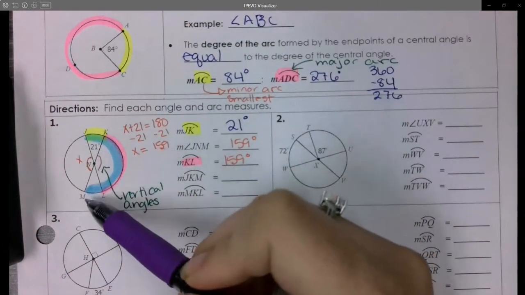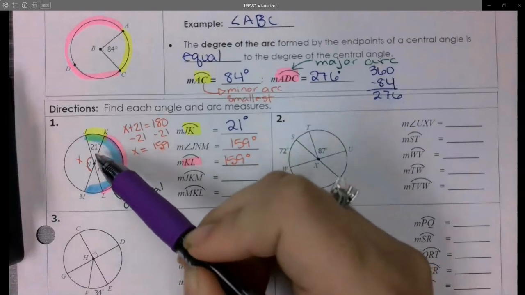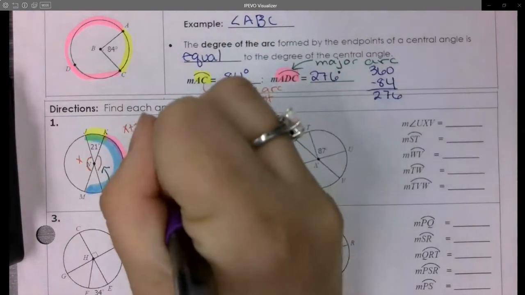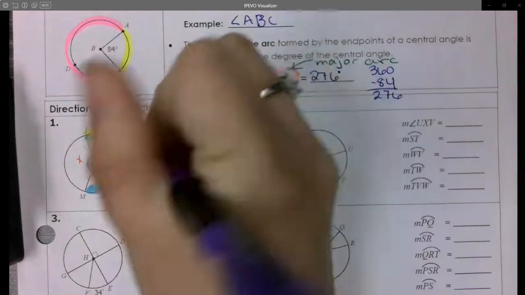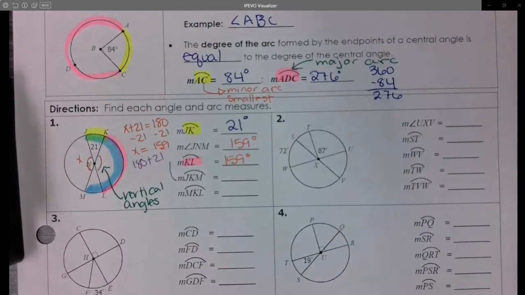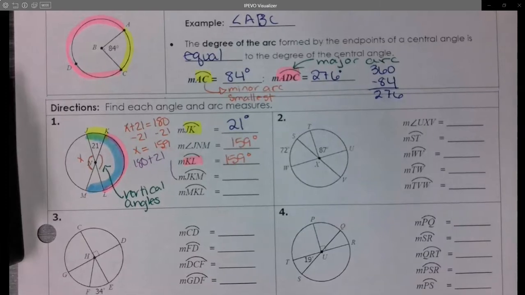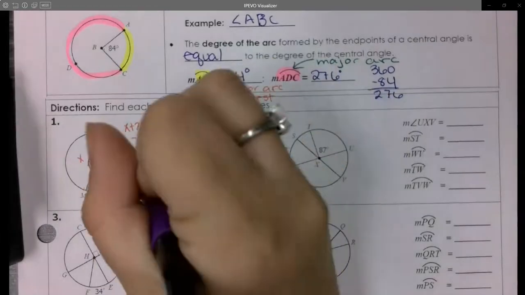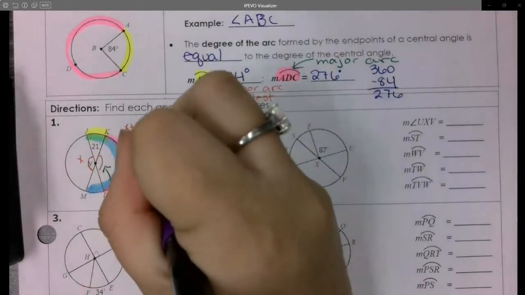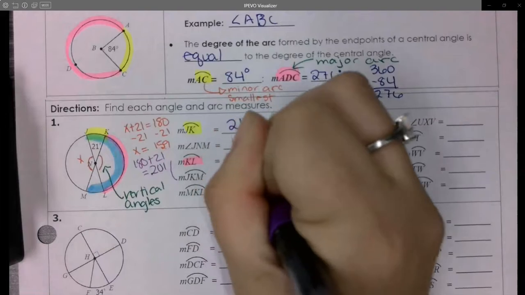So that's 180 degrees, plus this little piece that's JK is 21. So for this one, I am going to do 180 plus 21, because I'm adding those two arc measures together. So 180 plus 21 gets me 201. So that's the measure of this arc.